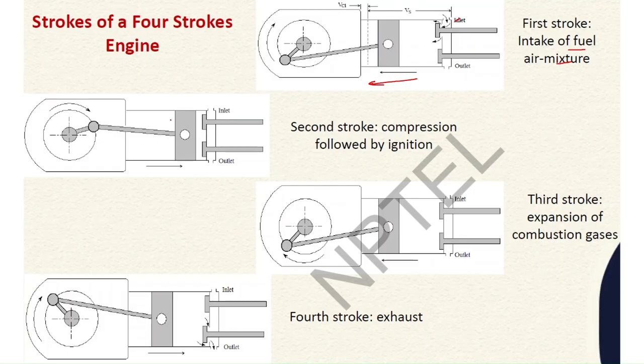The mixture is there, and the piston will move in this direction, and the fuel air mixture will be compressed, followed by the ignition by the spark plug, and further this piston will go back again due to the expansion by the combustion gases. And in the fourth, the piston is again released to release out the exhaust gases.